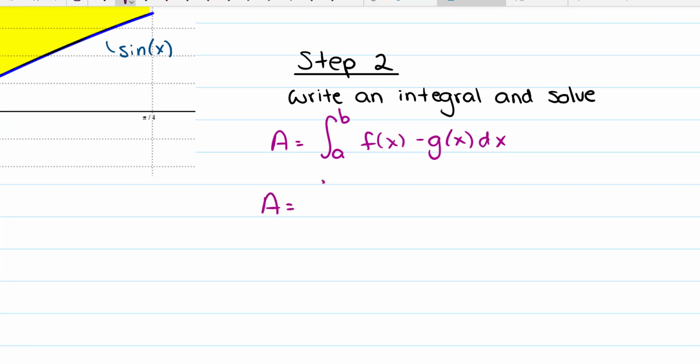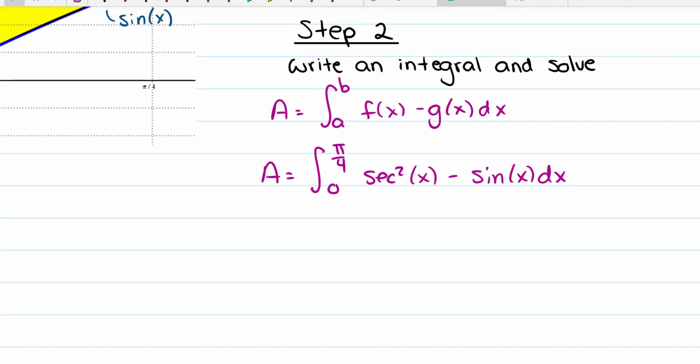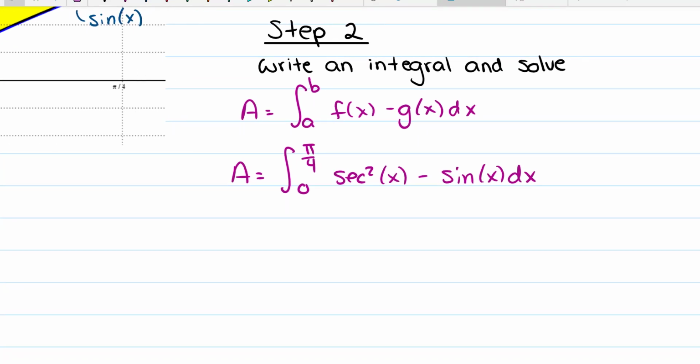So I get the area is the integral from 0 to pi over 4, because the integral starts at 0 and ends at pi over 4, of secant squared of x minus sine of x. And if this is a calculator portion, you can go ahead and just put that in your calculator and you're good. If it's not, we need to know how to do it by hand.